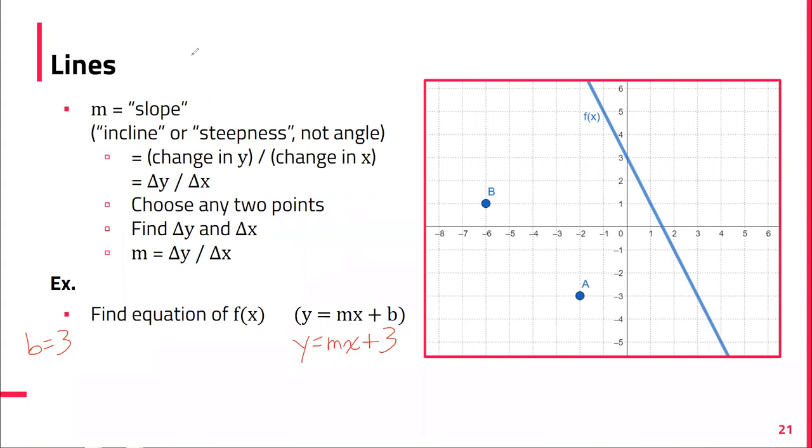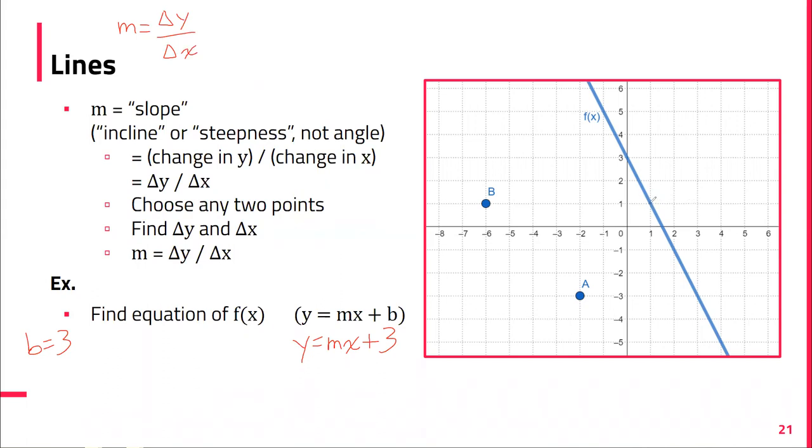So our basic formula for a slope, just so we can all see this, I'll write it up at the top. m equals delta y over delta x. What does the delta, the little triangle, represent? Change. So change in the y values divided by the change in the x values.